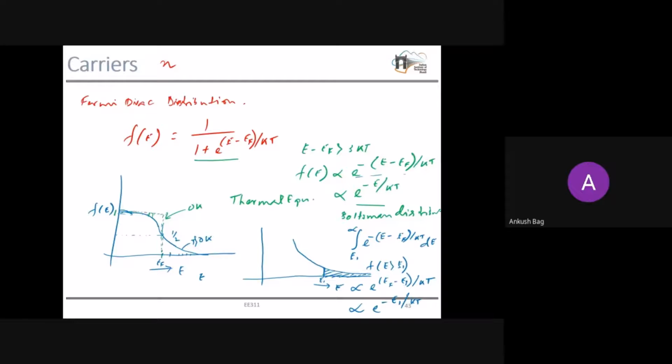Now the question is why I derived all this simple equation. In the diode equation you have an exponential term, and in the BJT equation also.